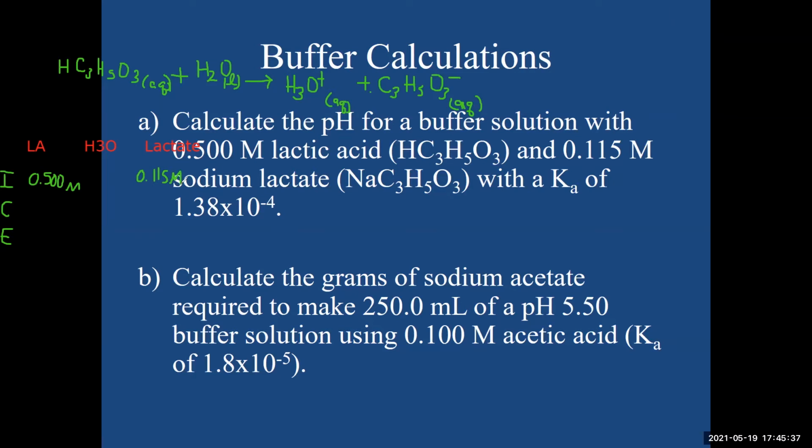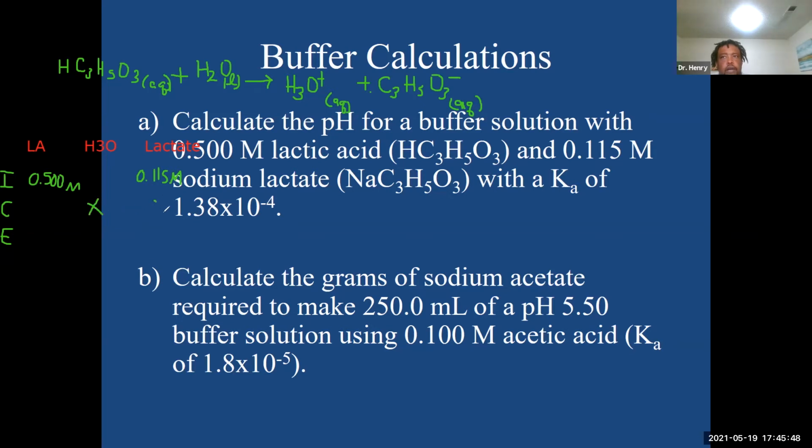Yes. Okay. So the change is going to be represented by our typical X. If X is going to be our products and we're making X, then what's going to be happening on the reactant side?